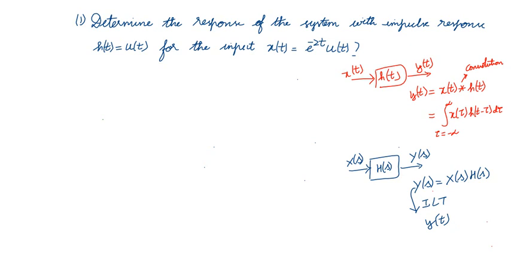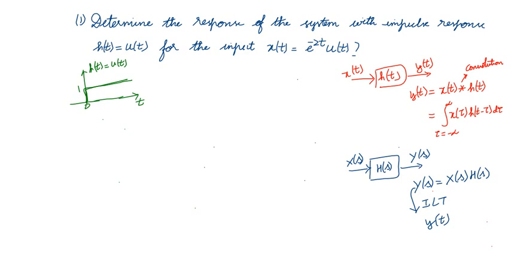In the first problem, the impulse response h of t is given as u of t. What is u of t? It is the unit step signal. This is my u of t. So h of t is equal to the unit step signal. And what is x of t?